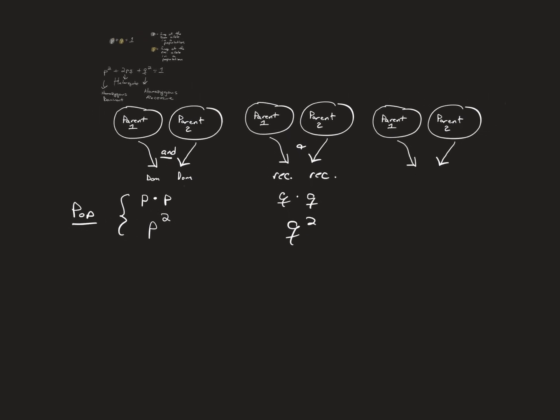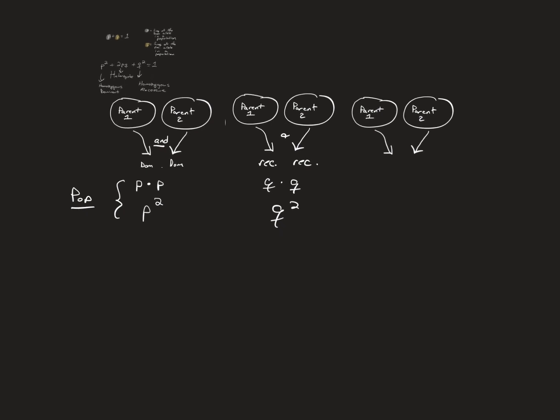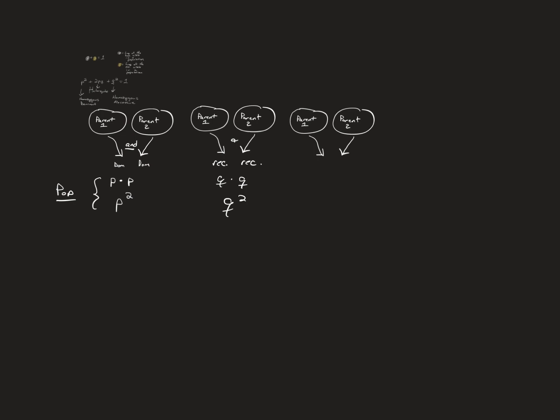All right, so now that seems simple enough, but then why is it we get 2PQ? Because what are the different ways you can get PQ? How do you get two different ways to get a heterozygous? So let's look at it. There's two ways to get a heterozygous.